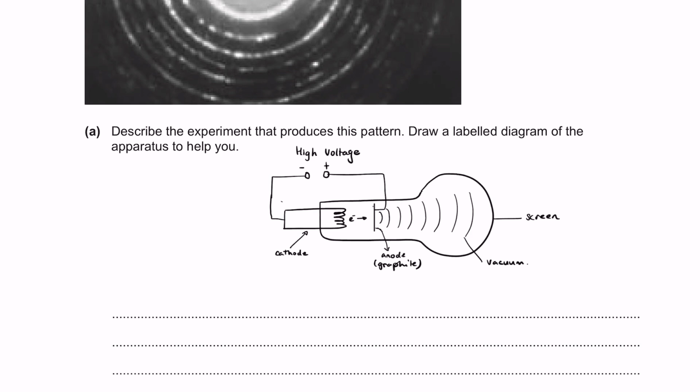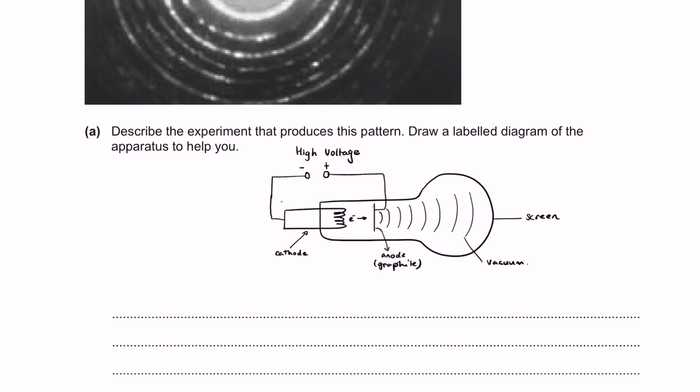It's like a fluorescent tube. However, it's a very, very basic experiment. The reason why the electrons diffract is because their wavelength, the de Broglie wavelength, is similar to the gap between the atoms in graphite.